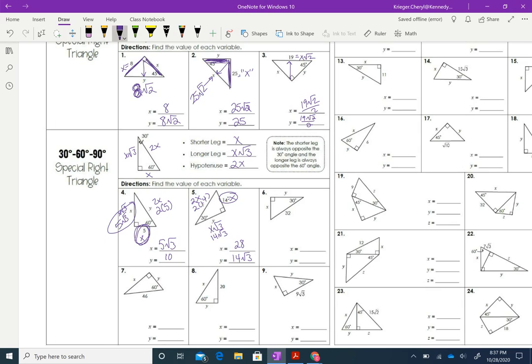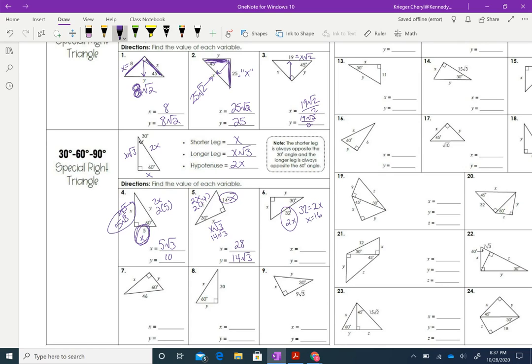Okay, so number 6, they don't give us our x. They give us the 2x, right? So we are setting 32 equal to 2x. And we solve for x just by dividing by 2 on both sides, and we get x is 16.